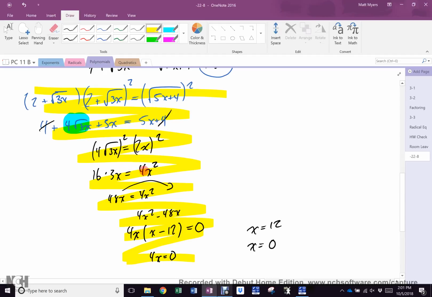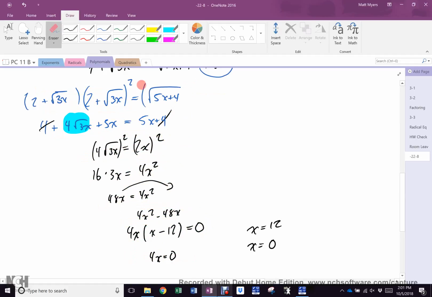So I can't do it unless I have at least one radical involved, preferably both radicals involved. Where is the only place I have both radicals involved? Oh, right, it's where it's green.